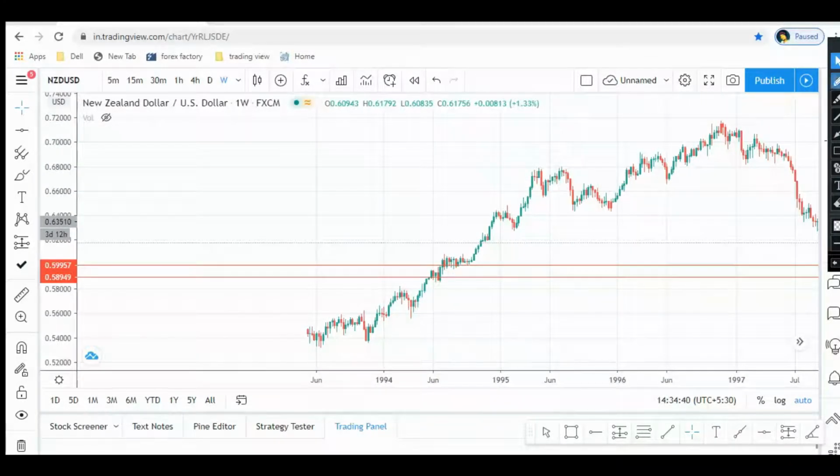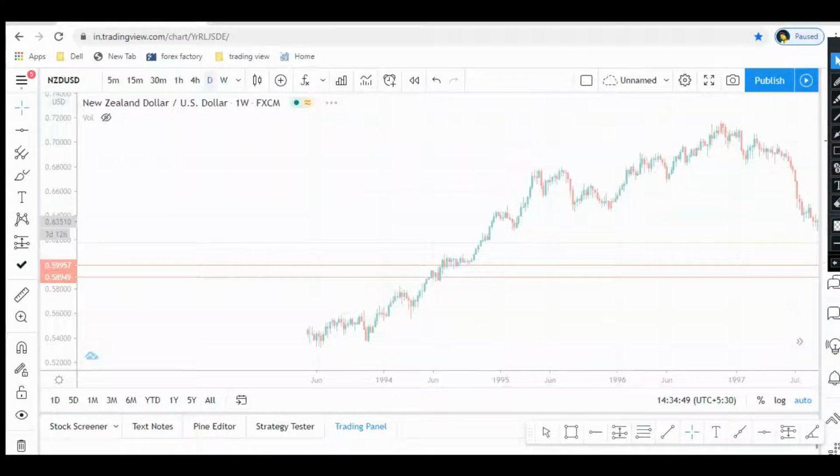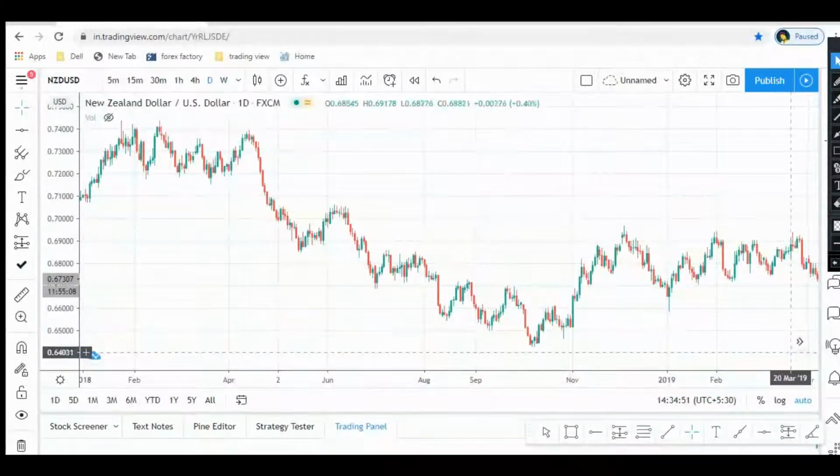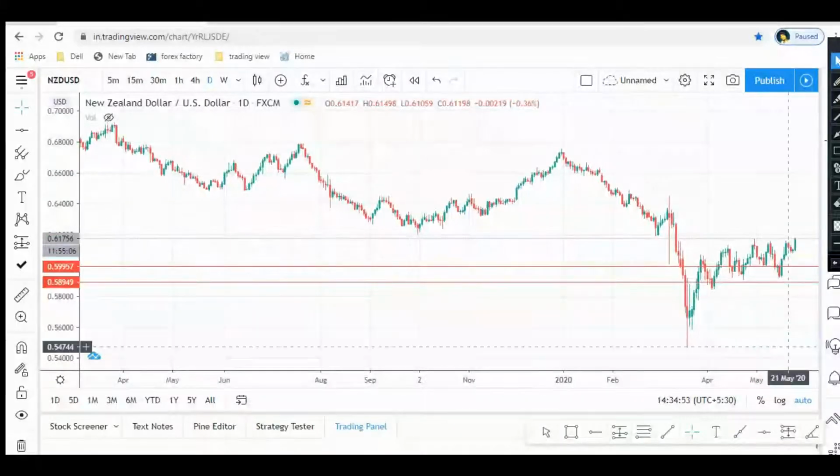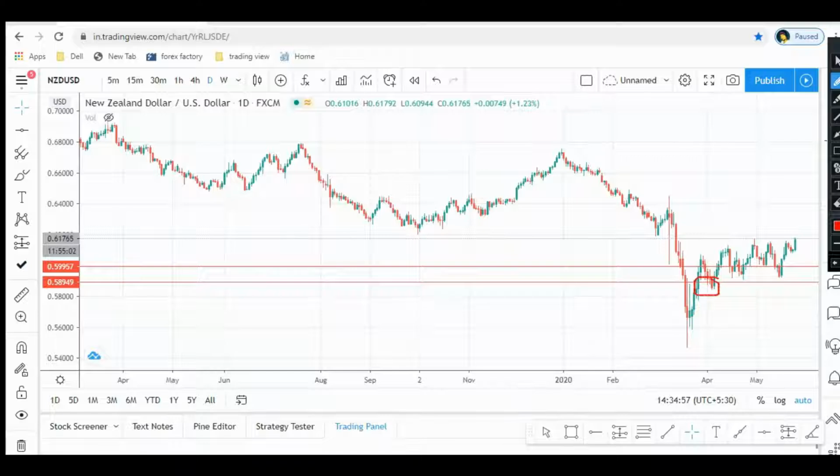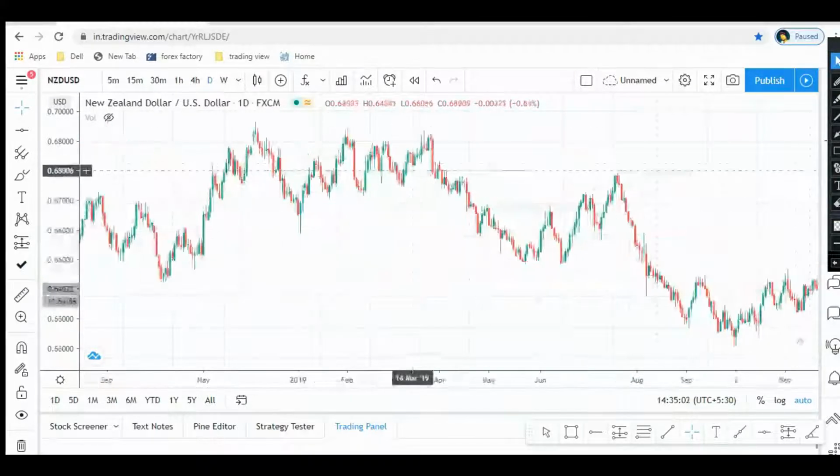As you can see, we are in June 1994, before my birth. So we have moved to the 1 hour daily chart. See how strong this is? 1, 2, 3 supports. Let's go back.